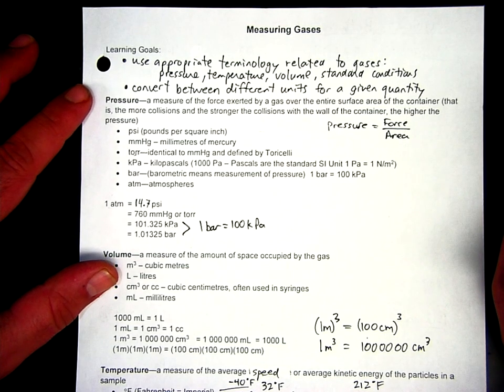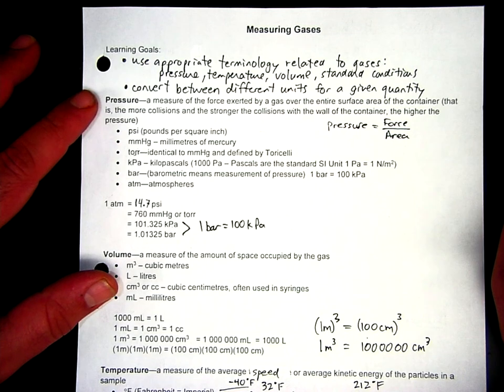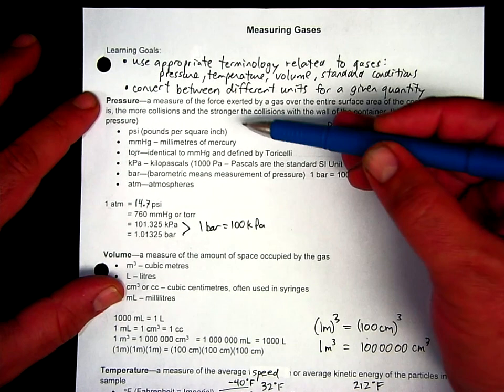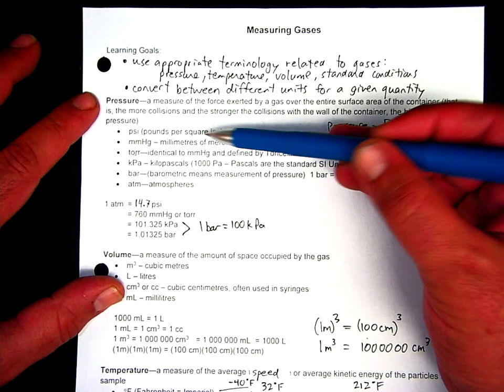Okay, but some more classical units were developed to actually measure the pressure of air and air pressure. One of the first ones is the millimeters of mercury.